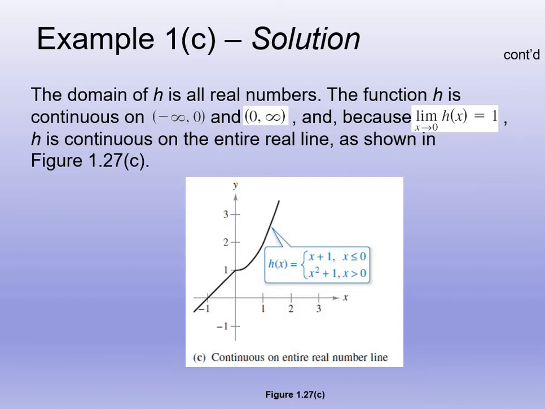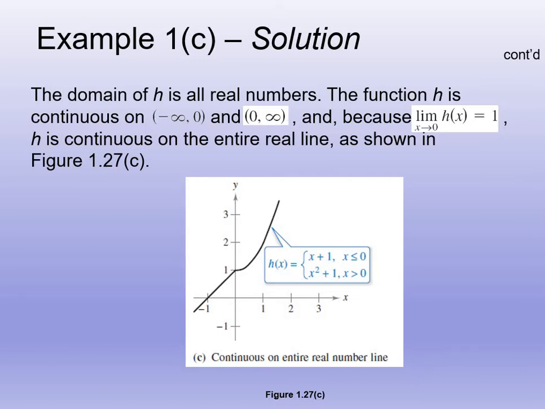When we have a piecewise function, remember, we have to check: is the function continuous the whole way, which means, what's the point in question here? The point in question is going to be as x approaches 0, because that's where we're changing functions. So we have to make sure that the value exists at 0, that the limit exists at 0, and the limit and the value are the same.